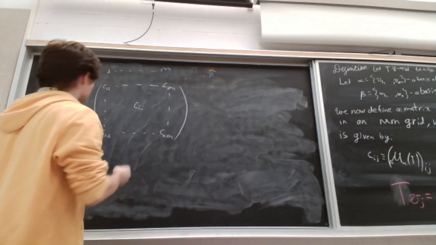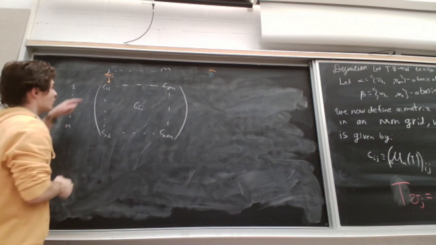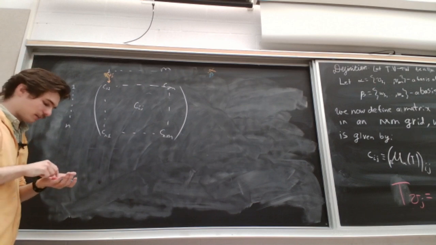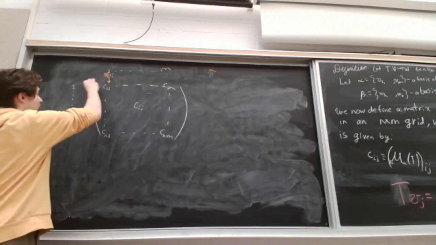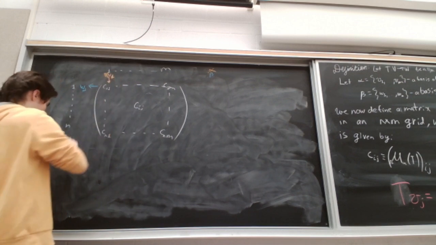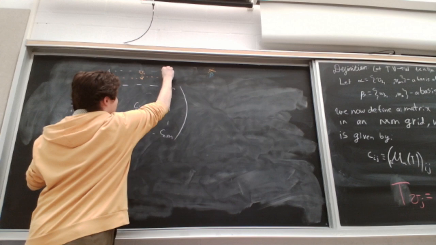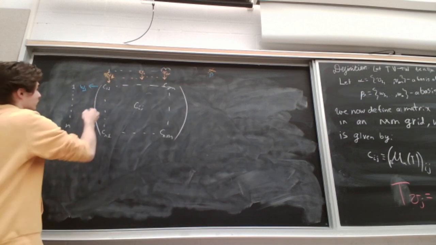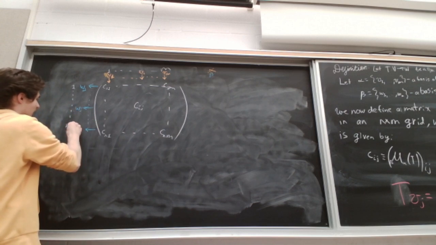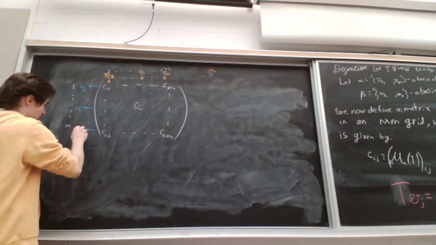This means that if you look at this column, this column is telling me, if I take Vj and shove it into my linear map, I'm going to get as an output T Vj. And out here, I'm going to have my W. Here are V1 up to Vm, and here are W1, Wj, Wn.